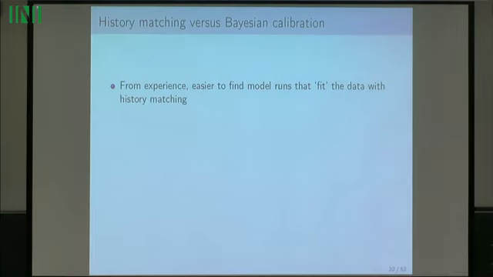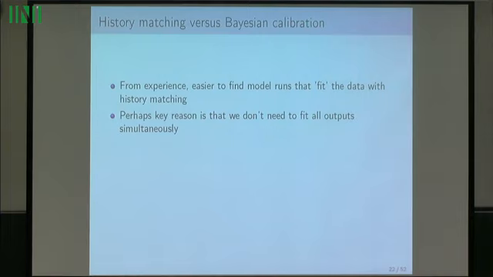So if you're just trying to find fits to your data, my preference will always be to start with history matching. This is something that Michael said, so I'll comment on it in a moment.